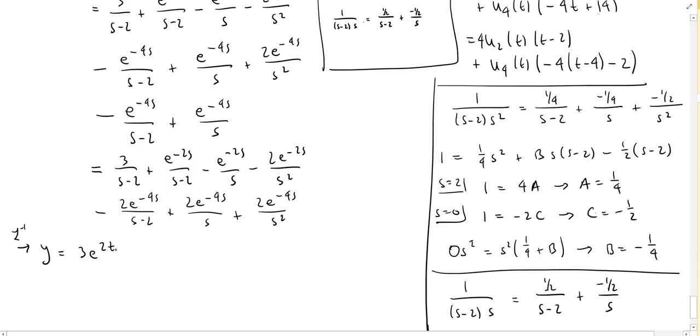Now the second one, if you didn't have this exponential, you'd say that's just 1 over s minus 2. That would be the Laplace of e to the 2t.